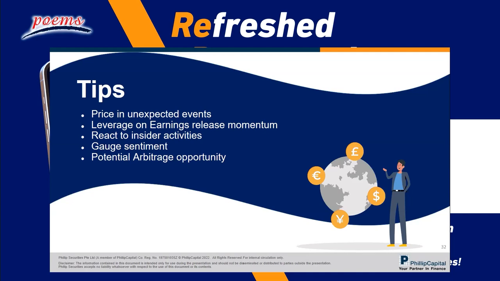You can react to multiple things, like reacting to insider activity. You can gauge the sentiment and also find a potential arbitrage opportunity, because you can trade in the US Asian hour when the US pre-market is open. If there is a difference in spread, you can benefit from it.